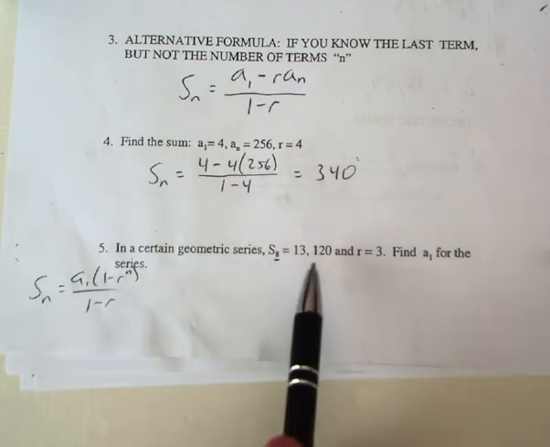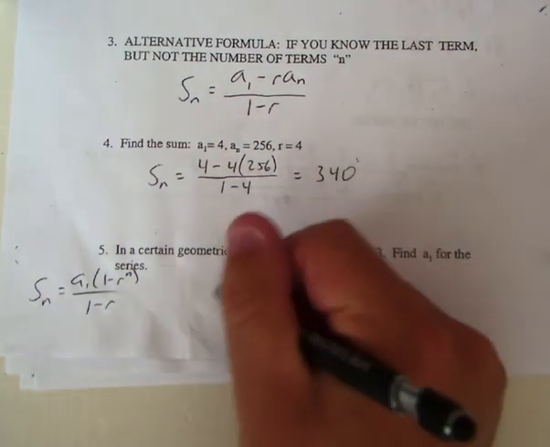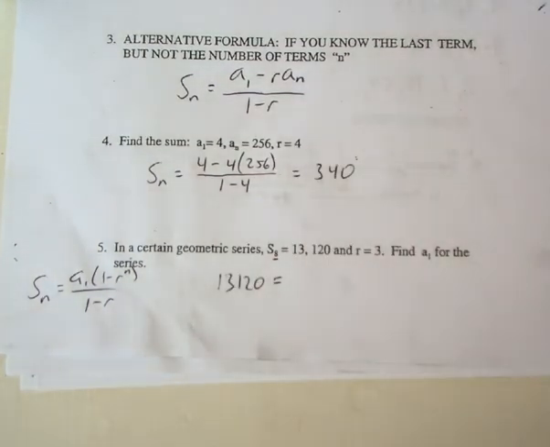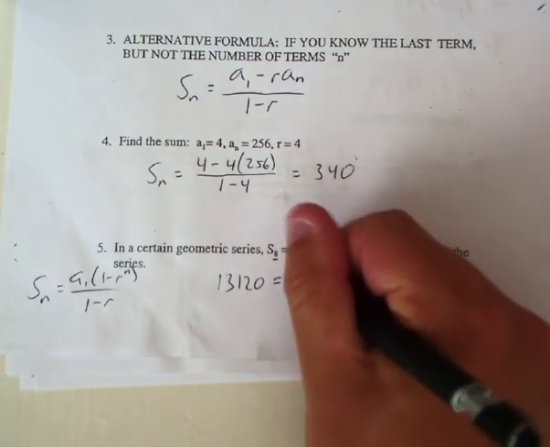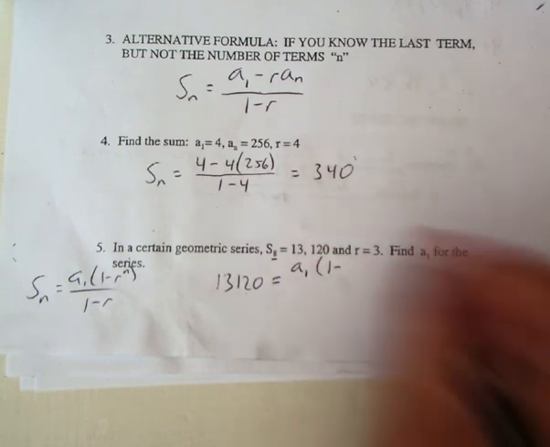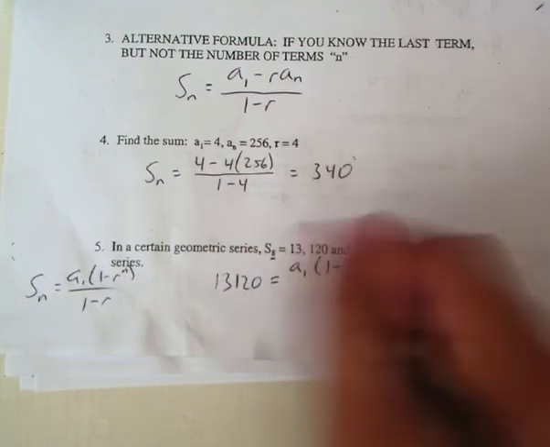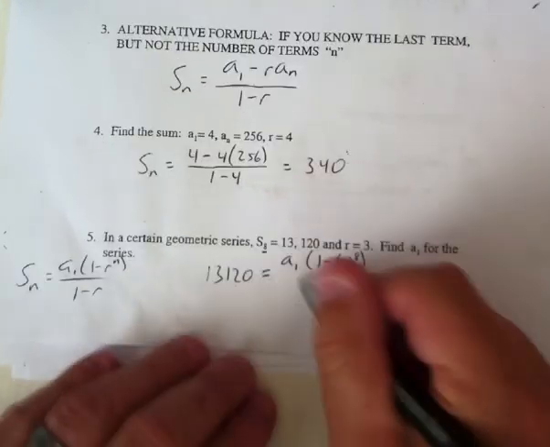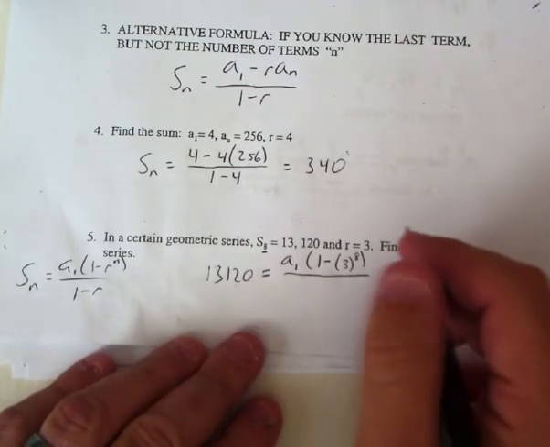So we can fill that in with 13,120. So 13,120, that's our sum, equals a sub 1, which we don't know, times 1 minus 3 to the 8th, divided by 1 minus 3.